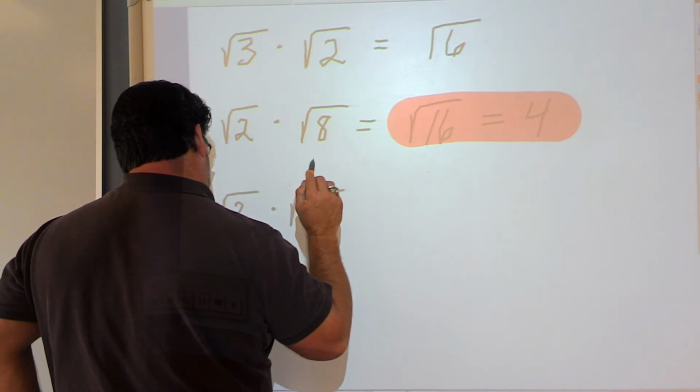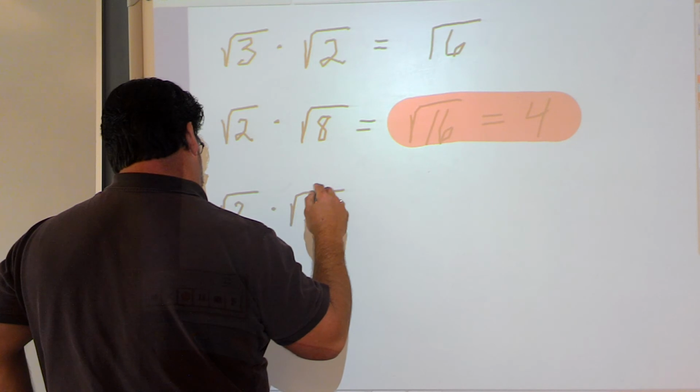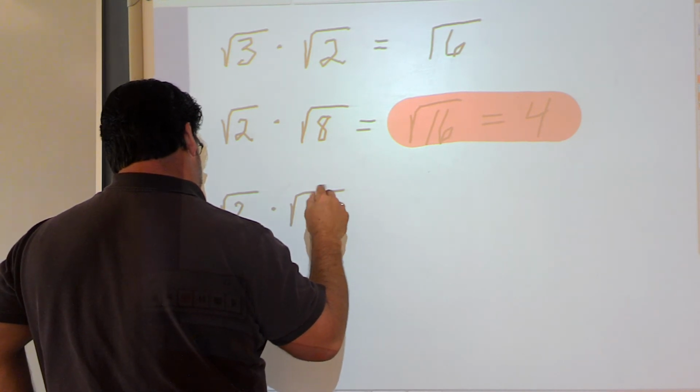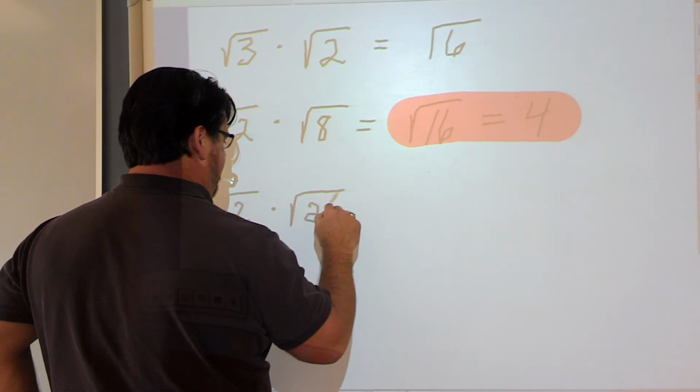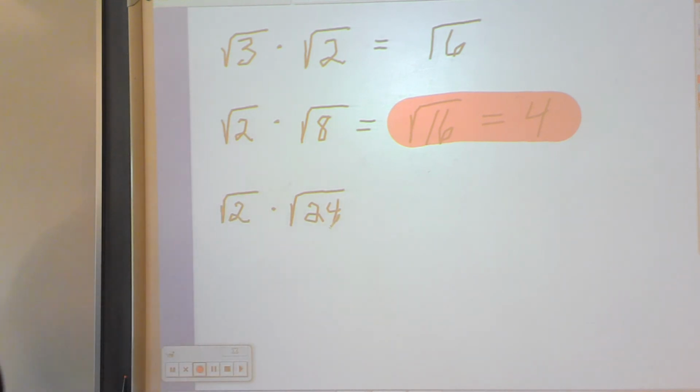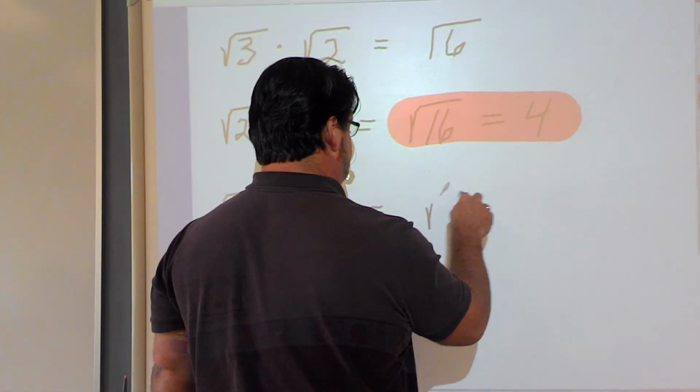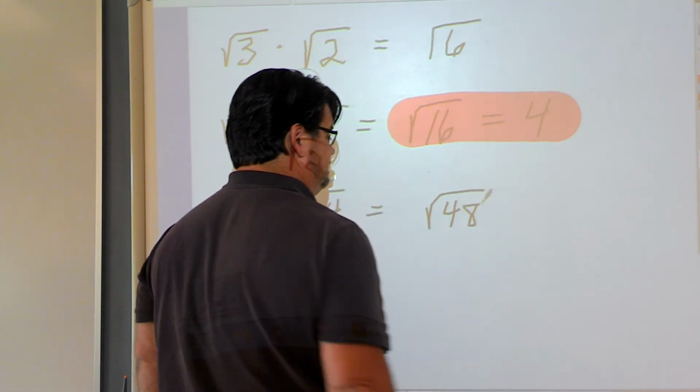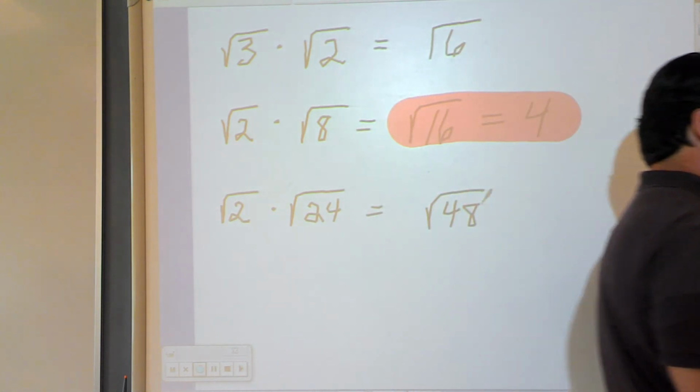Just hold on a minute. I'm trying to get there. Let's try 24. All right, not a problem. Square root of what? 48. 48.